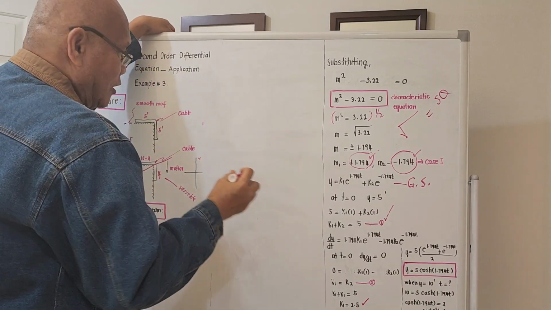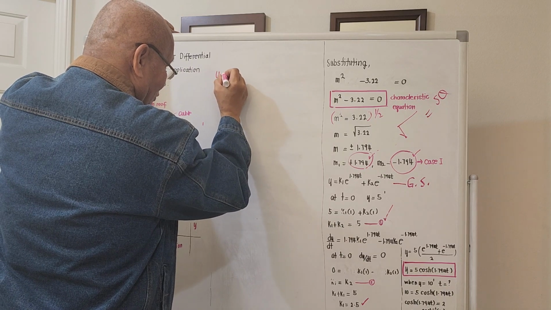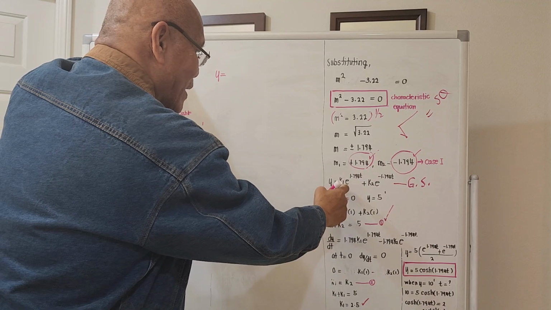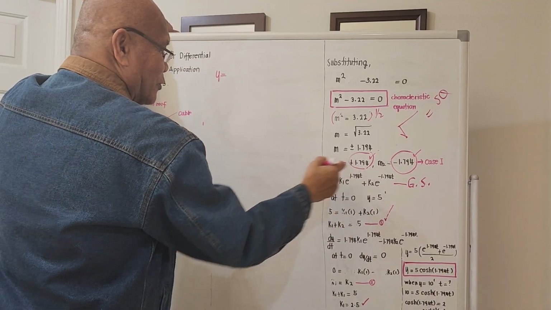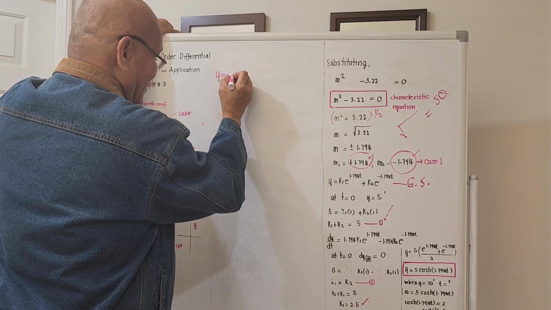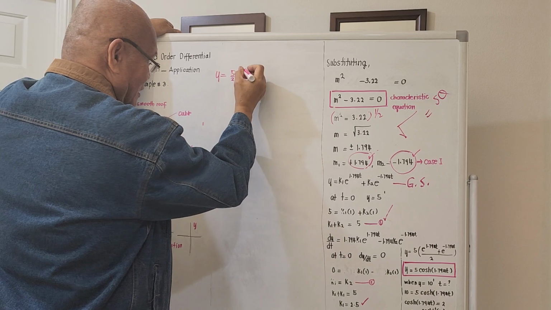So we now know the value of K1 and K2. The resulting particular solution will be y equal to, we are following this one, K1 is equal to K2. So what is 2.5? It is 5 over 2. Factor it out.